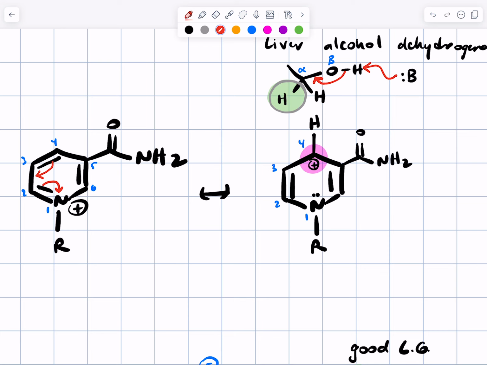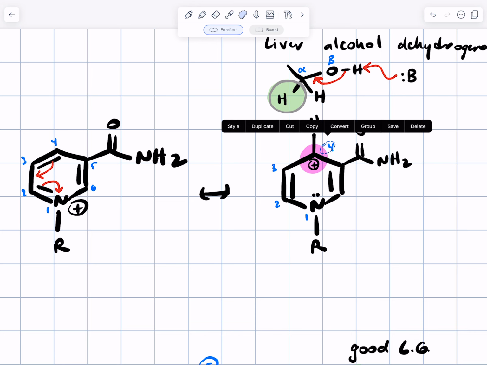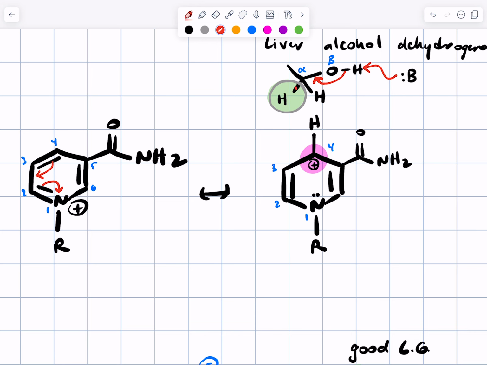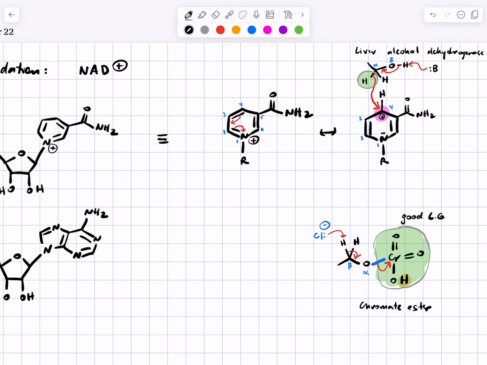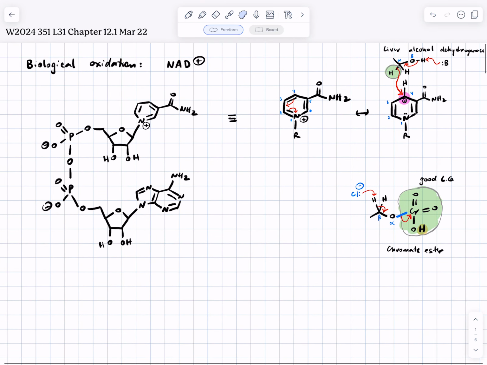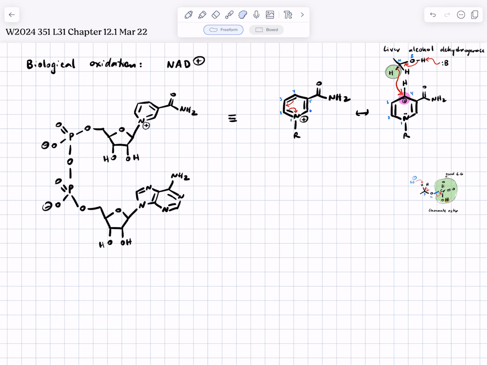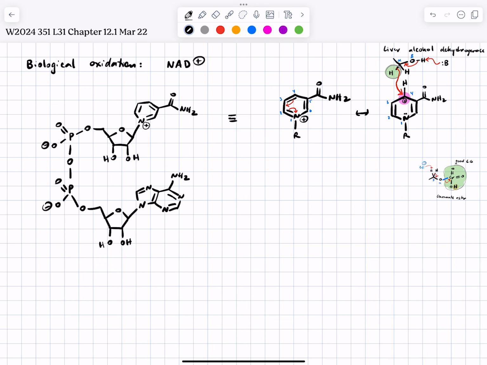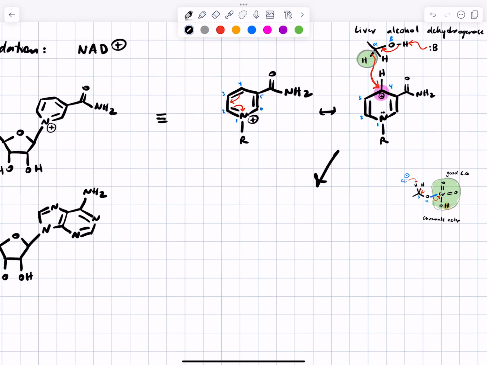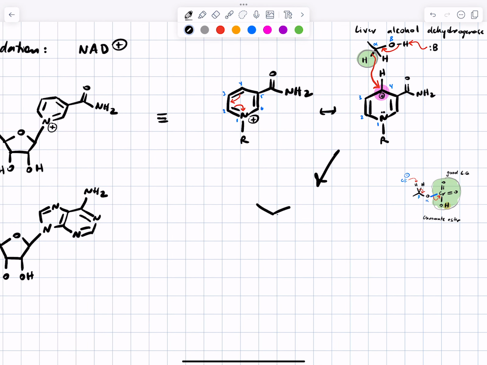to carbon-4. So maybe I'll move the 4 out of the way. There we go. H minus will get delivered to carbon-4. This is just for reference, for comparison's sake. Product of that is your aldehyde.